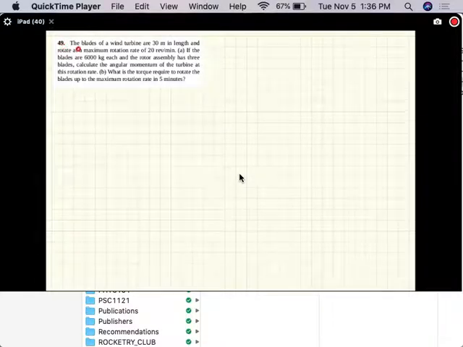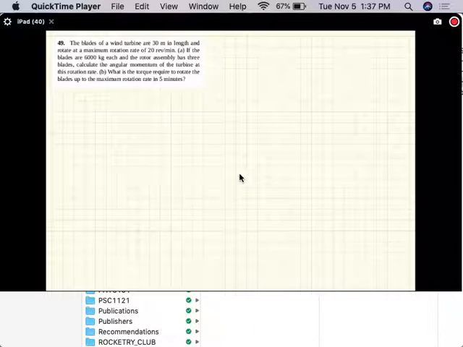Okay, in this problem it says the blades of a wind turbine are 30 meters in length and rotate at a maximum rate of 20 revolutions per minute. If the blades are 6,000 kgs, so 6,000 kgs is roughly the weight of a school bus, let's say.